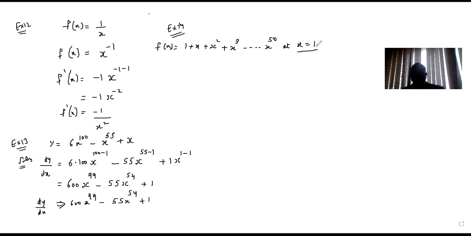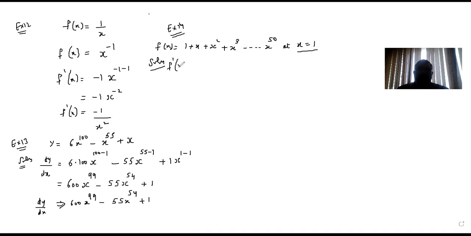This is very important. Now you have to find out the derivative at x is equal to 1. What do you mean by this? First, you will get the derivative, then substitute the value of x as 1 to get the answer. It has 2 steps. In the first step, we will find the derivative of this question. After finding the derivative, we will substitute the value of x in this to get our answer.